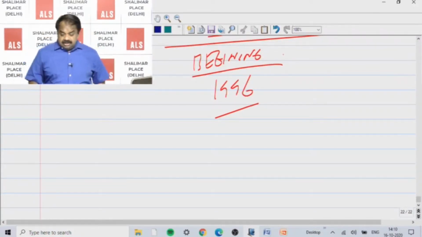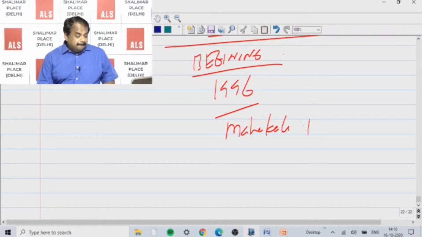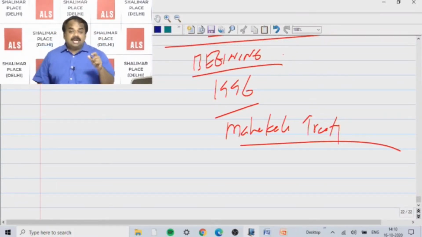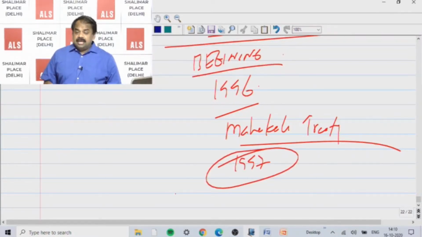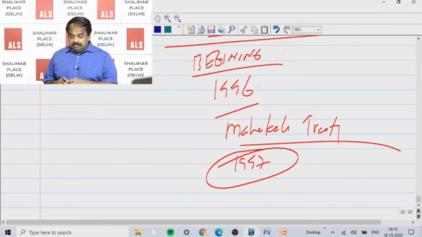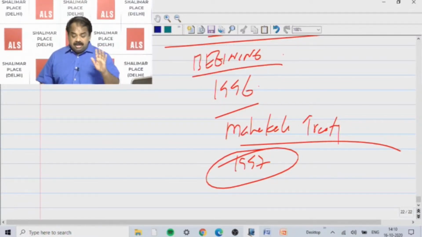In 1996 we signed the Mahakali Treaty between India and Nepal, for almost 8,000 megawatts of power supply, and many things were there. The origin of Kali issue came up in 1997 because of the Mahakali Treaty. But it has not been implemented even today.